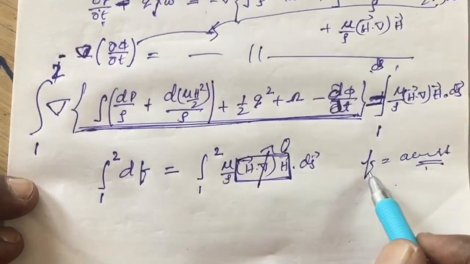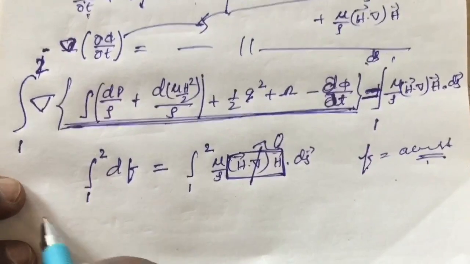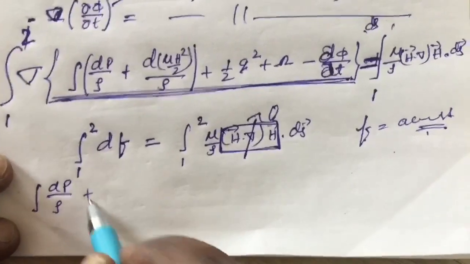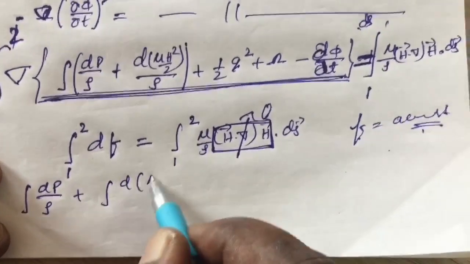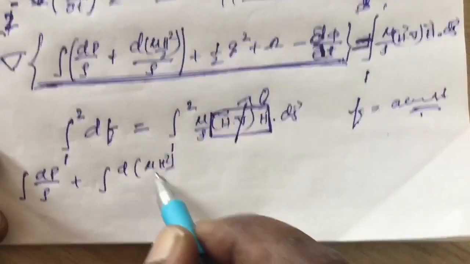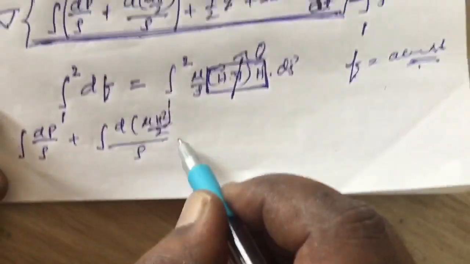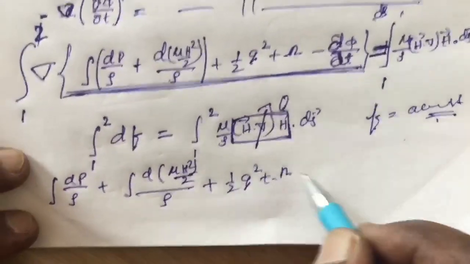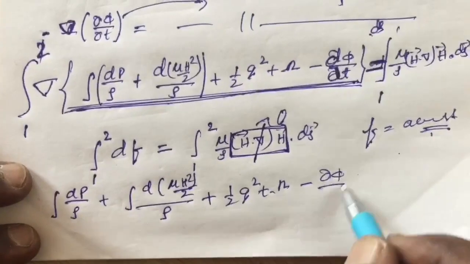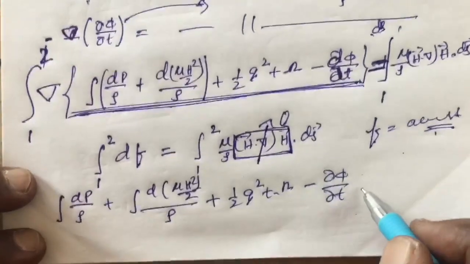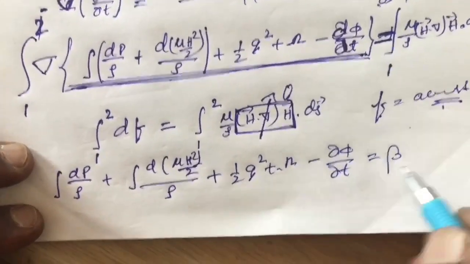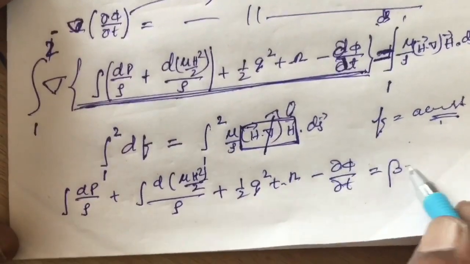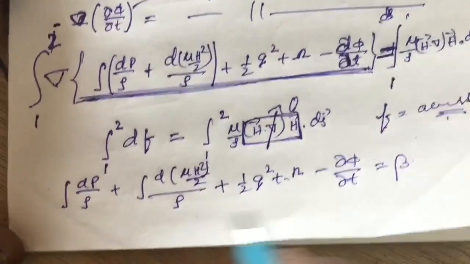That f is nothing but the terms integral dp by rho plus integral derivative of mu h square divided by 2 whole divided by rho plus 1 by 2 q square plus omega minus del phi by del t, equal to a constant. I am going to call that constant beta, and this beta varies from one streamline to another.